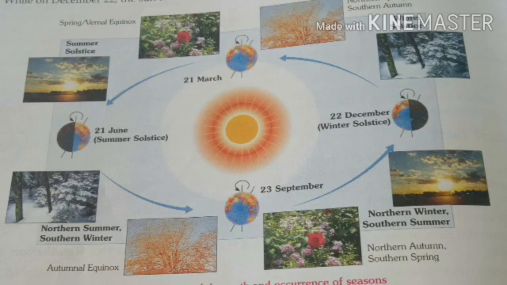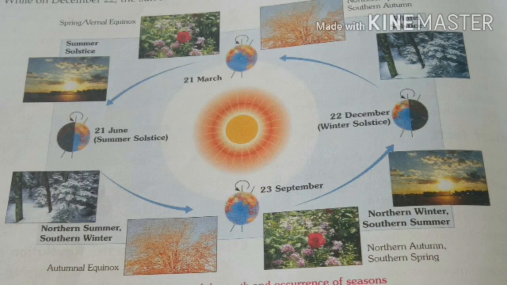Clear? Okay, students, what are the conditions prevalent in the northern and southern hemisphere during the summer solstice? Okay, we'll discuss that. During the summer solstice, the northern hemisphere inclines towards the sun and the southern hemisphere stays away from the sun. Okay.